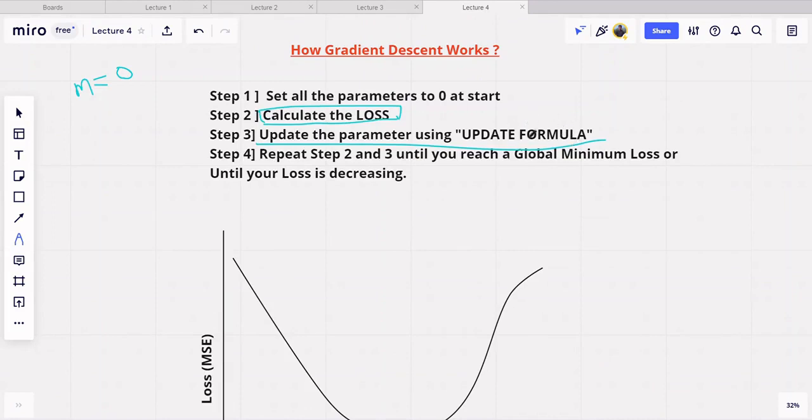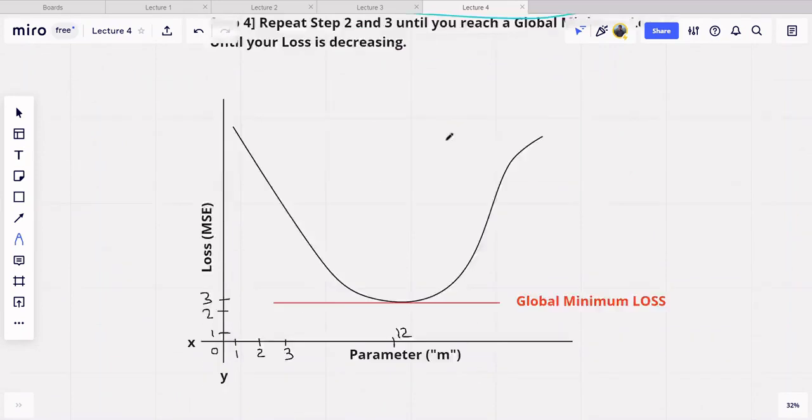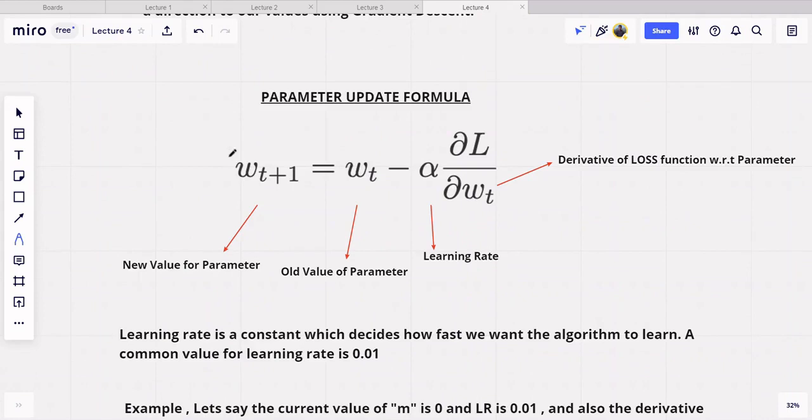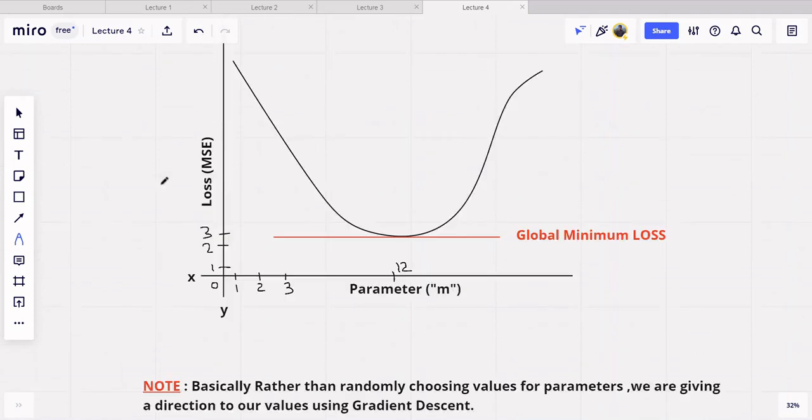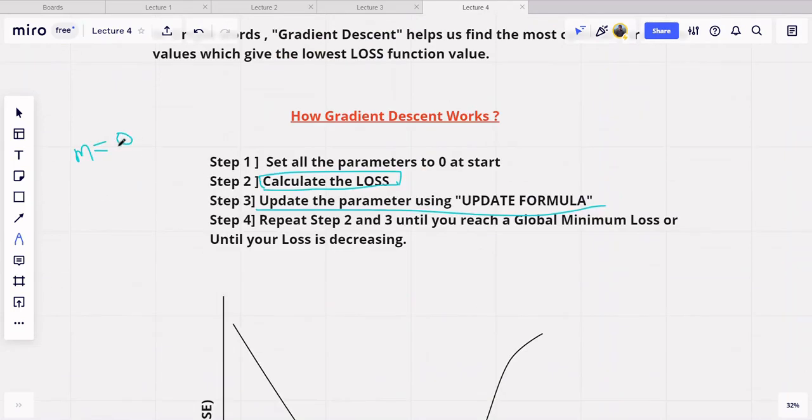Now what is this update formula? It is the basic formula you can see here, in order to update a new parameter for us. Because at the start we initialized our parameters at some random value, and that gave us a loss.